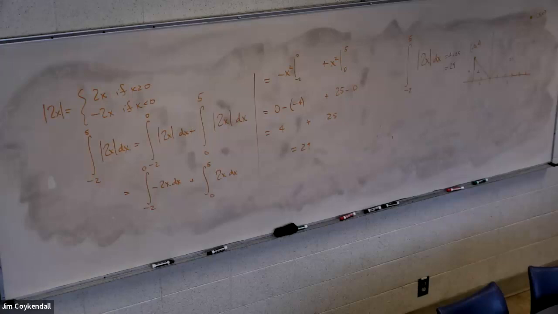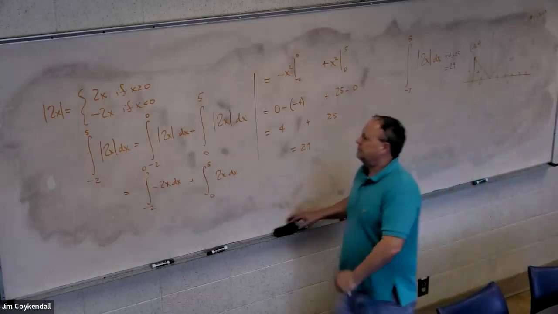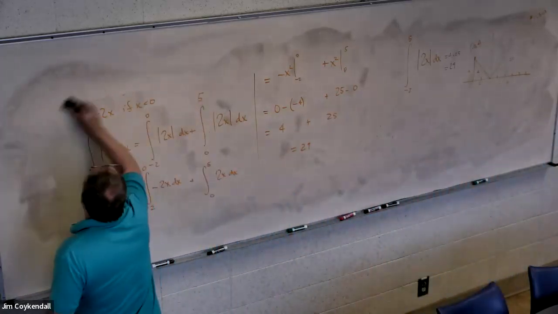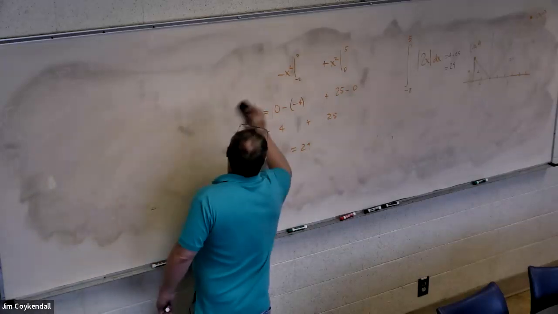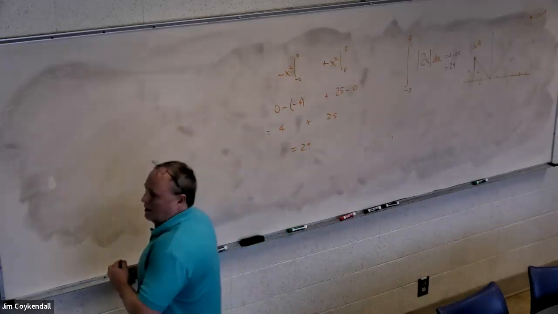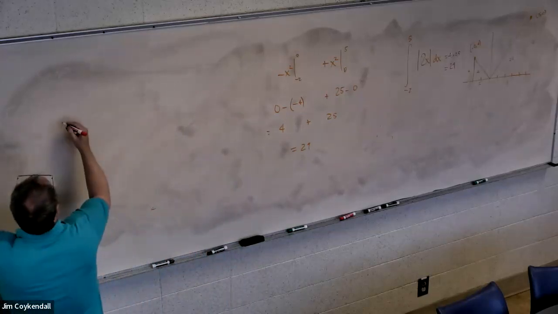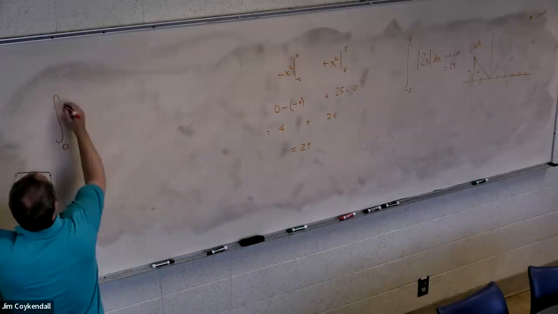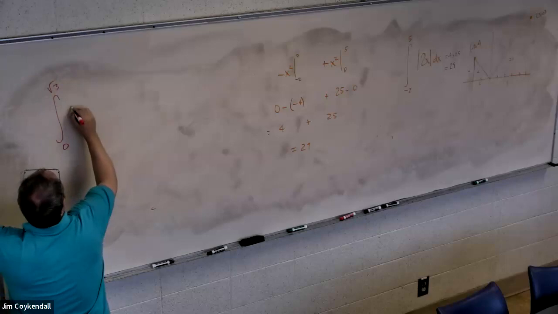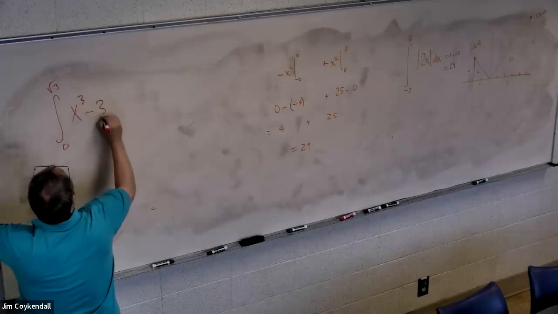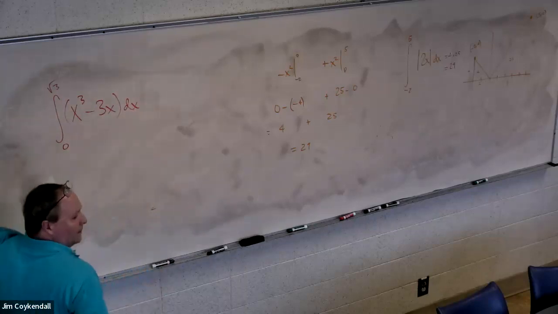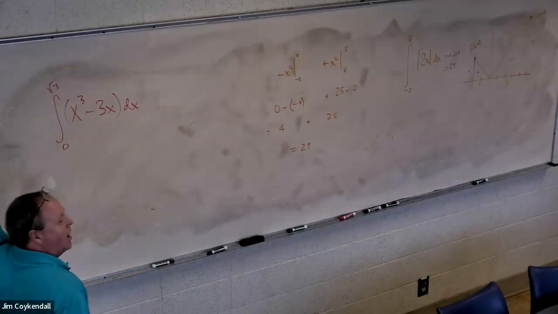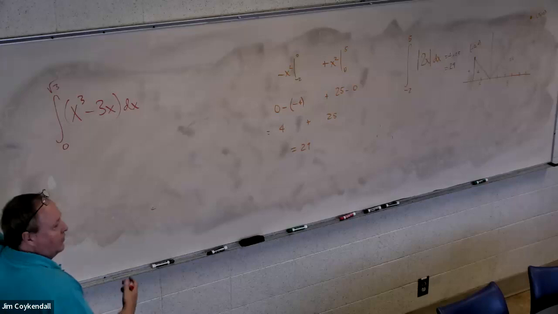Okay, so what we're going to do is integrate this thing. The integral from 0 to the square root of 3, that's what it was. So what does part A ask us?